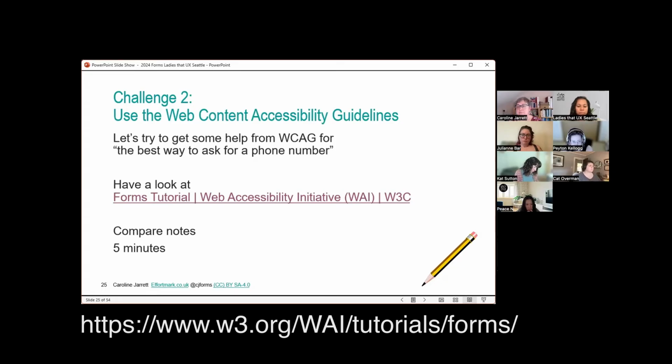Yeah, we're getting some hints. We're getting be forgiving of input formats. We're getting grouping the phone number with other contact info fields. We're getting that they should have some help or instructional text. So we're getting some ideas.